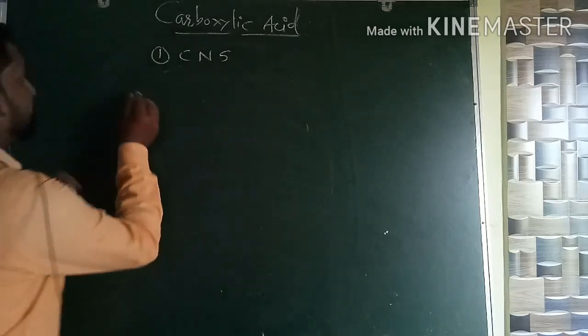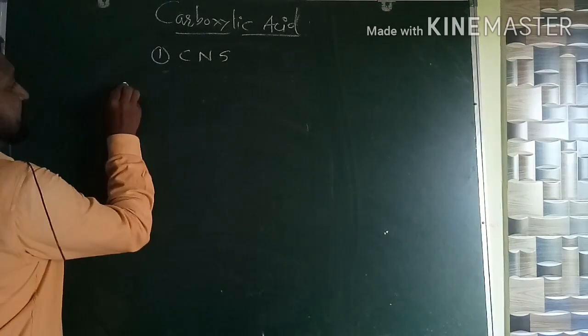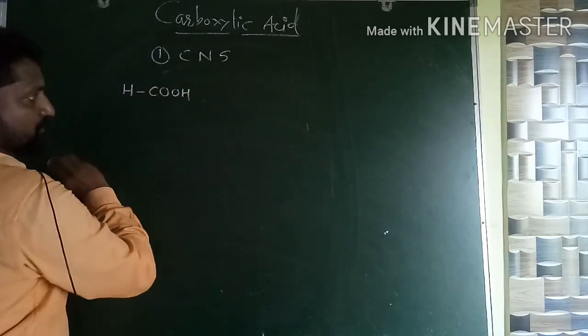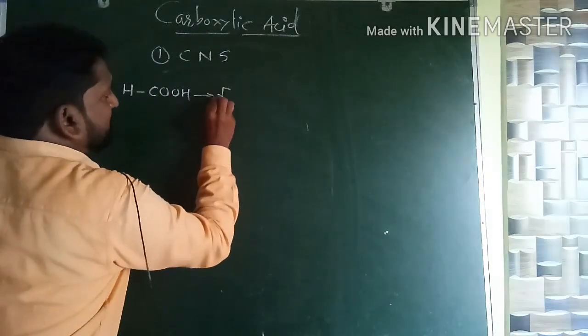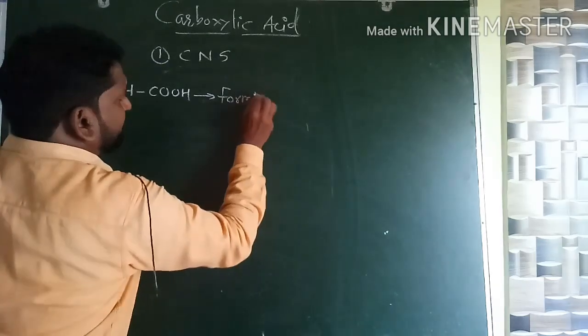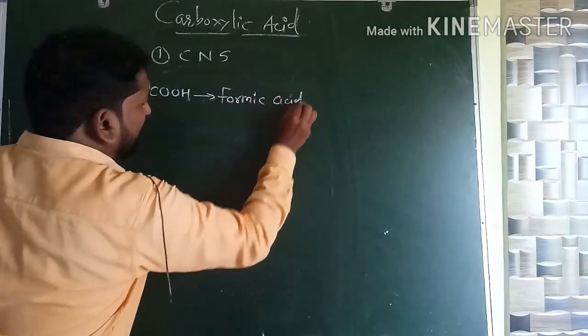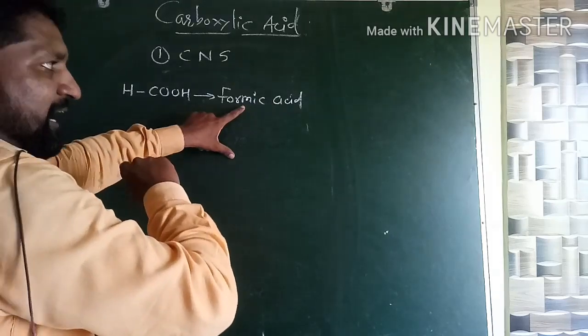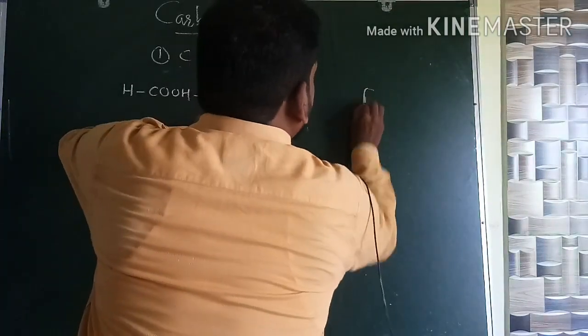So see carefully. The very fundamental carboxylic acid, what is that? HCOOH. It is formic acid. It is obtained from the ant, having the name Formica.